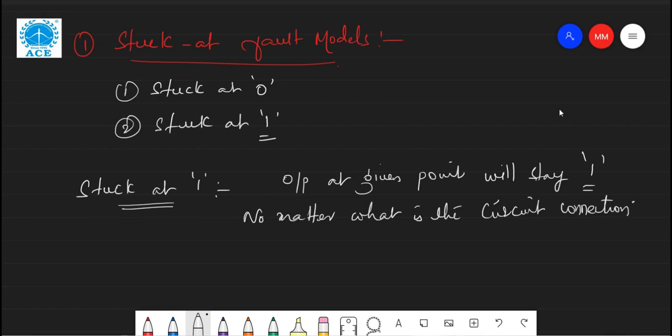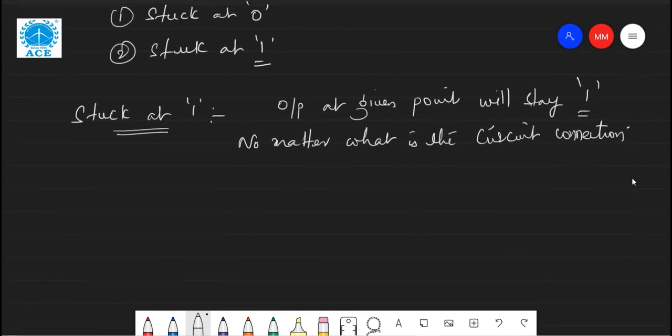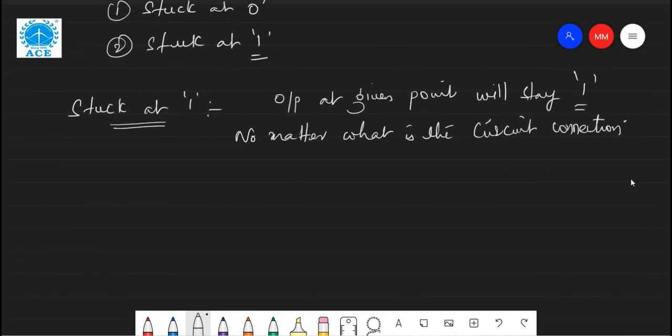Okay, so for example, stuck at 1. Suppose I have, I will give the examples, no problem. Further also, we'll solve a few example problems. This is A, B, this is Y, for example. I have one point, I can say P, and it is stuck at 1.